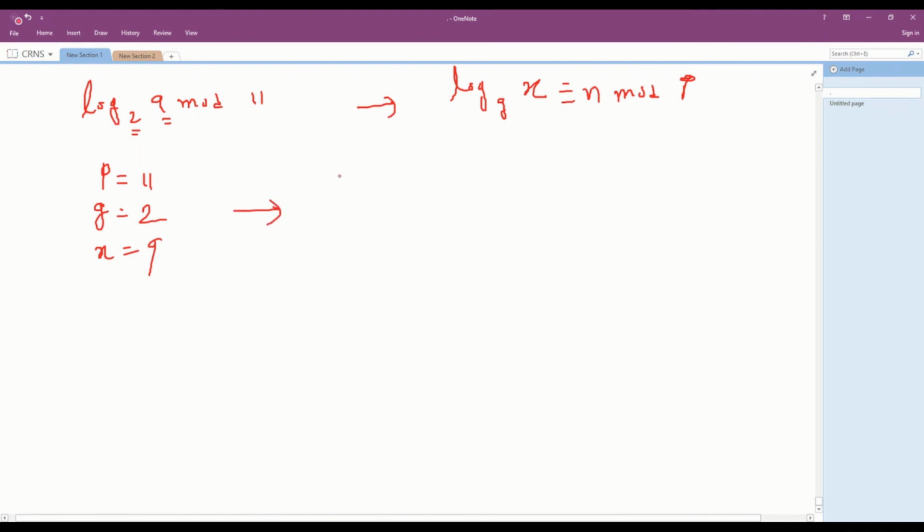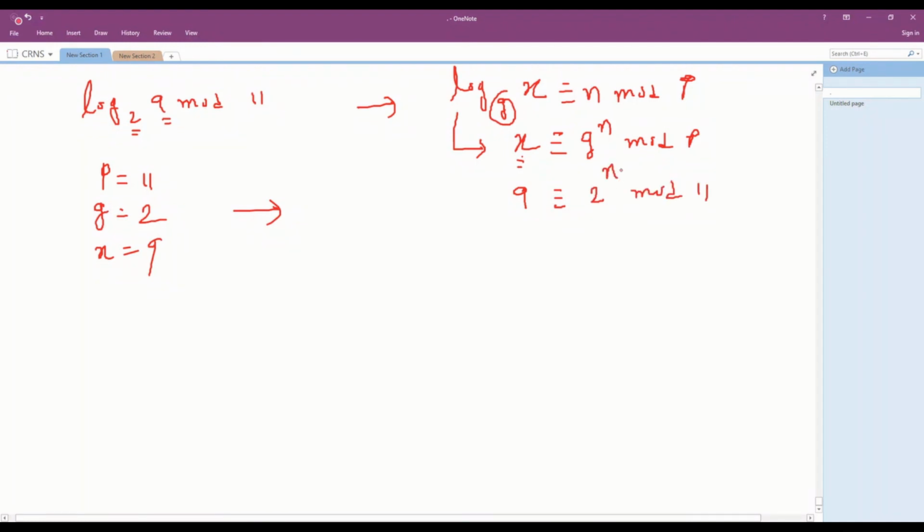So what can I write? x is congruent to, taking it to the right-hand side, g raised to n mod p. Agree with this? Yes, ma'am. Okay, so the values in the equation: 9 is given to you as x, g is given to you, that is 2, so 2 raised to n mod 11.